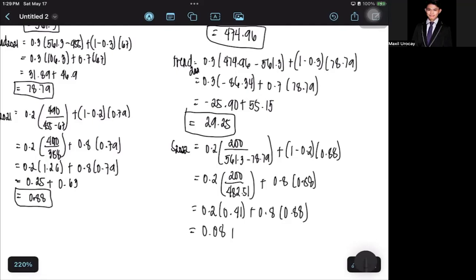So for this one right now, 0.8 times 0.88, that is 0.70. So calculating them, 0.08 plus 0.70 will equate to 0.78. So this will be the calculation of the seasonality of 2022.